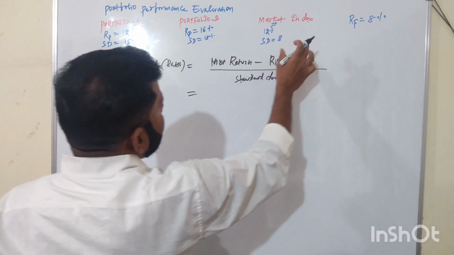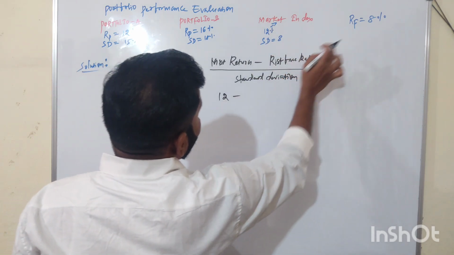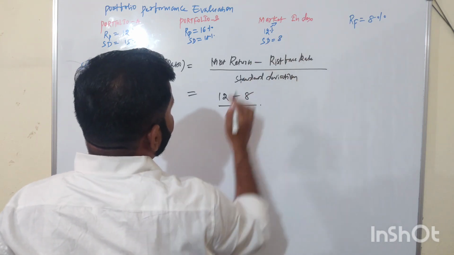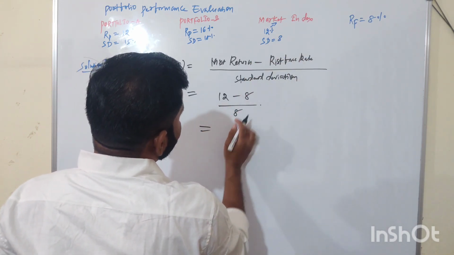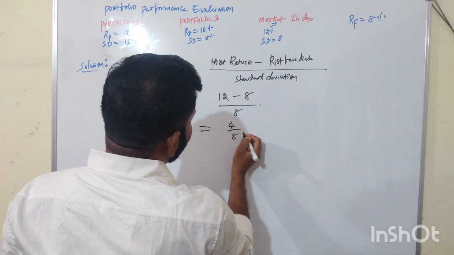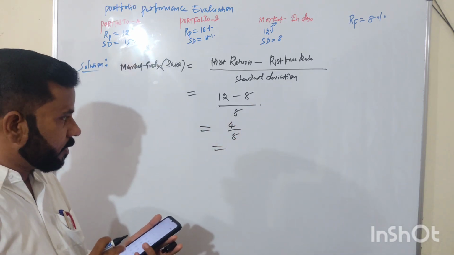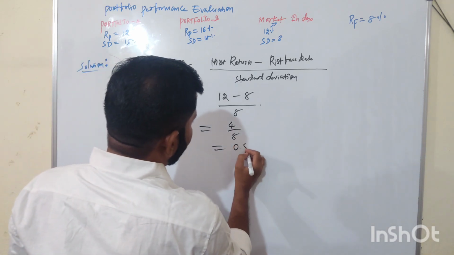What is the market return? Market return is given as 12%, minus risk-free rate 8, divided by the standard deviation given for the market index, 8. 12 minus 8, 4, divided by 8. What is the answer? 0.5.